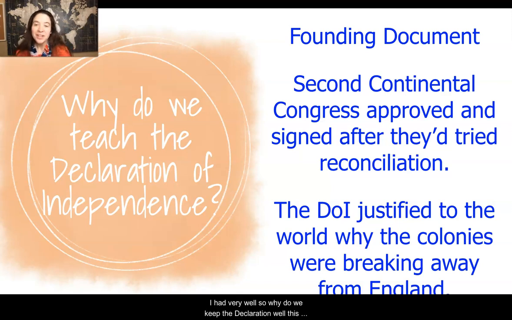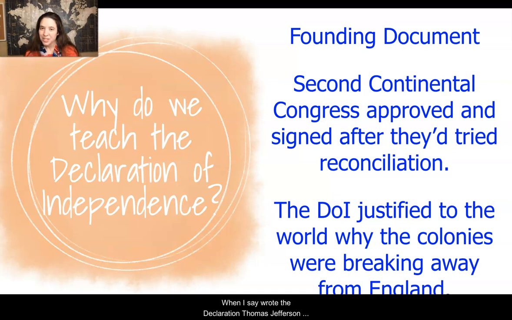So why do we teach the Declaration? Well, this is one of our very important founding documents. The Second Continental Congress approved and signed the Declaration only after they had attempted reconciliation with England. Once they realized that reconciliation was not going to happen, they wrote and signed the Declaration of Independence.